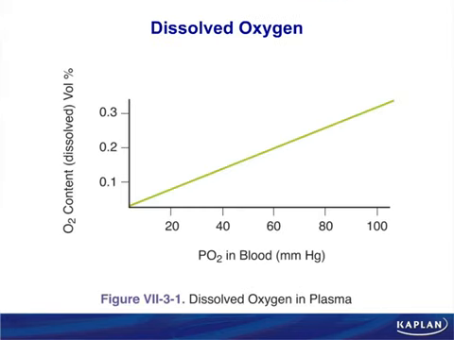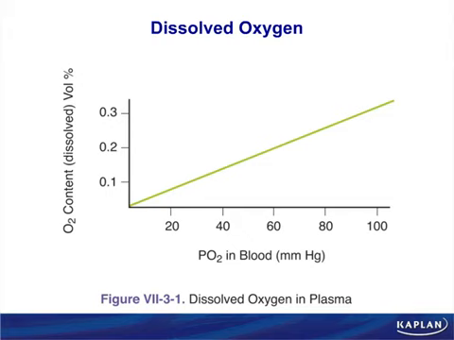Two different ways we carry oxygen. One is dissolved, and that's the relationship shown here. The PO2 represents dissolved oxygen. So the first thing oxygen does, moving from the alveolus, is dissolve into the liquid and move into the plasma phase of the blood.